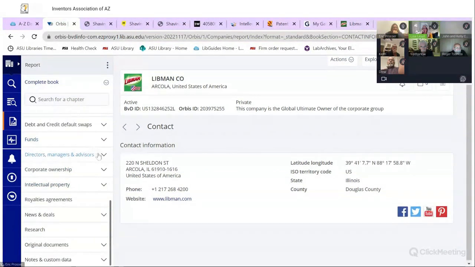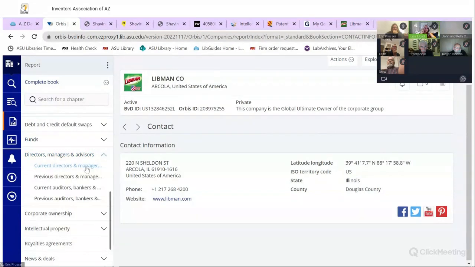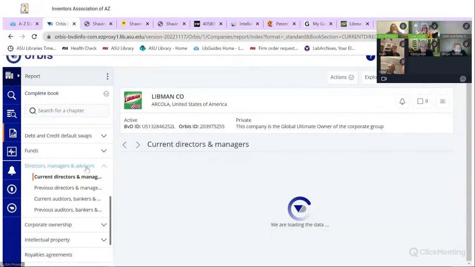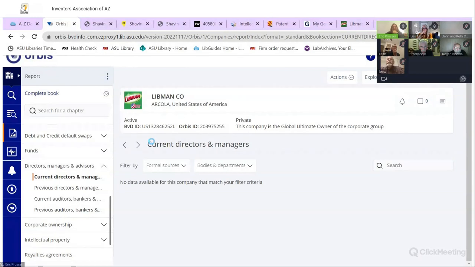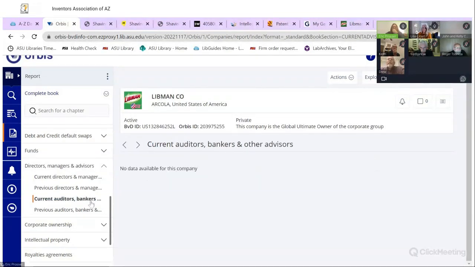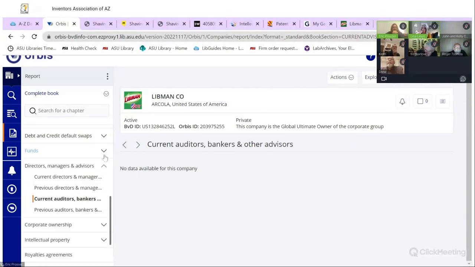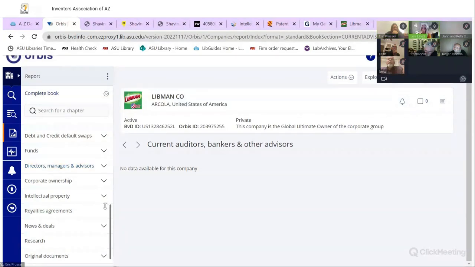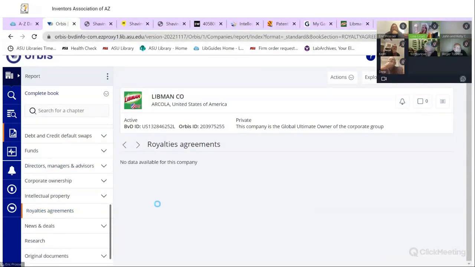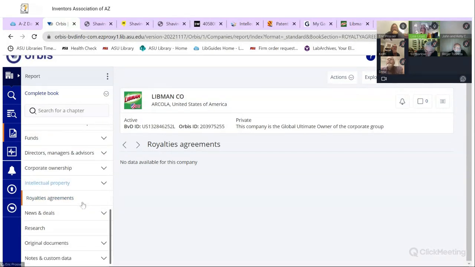Directors, managers, advisors. It looks like they don't have that information out there. And if they're family, there you go, a private company right there. The revenue is really helpful, and getting a bird's-eye snapshot of the company is really helpful, because when you Google it, you might get close, but it's still a crapshoot whether the numbers are right.